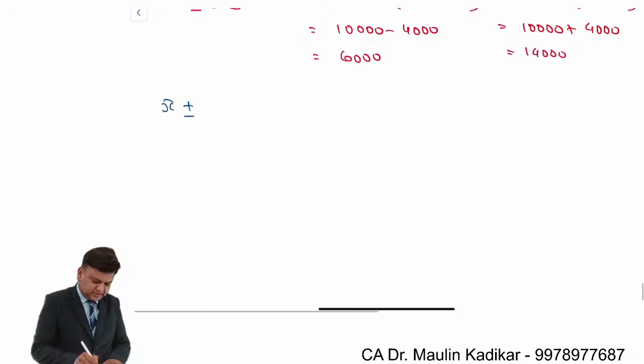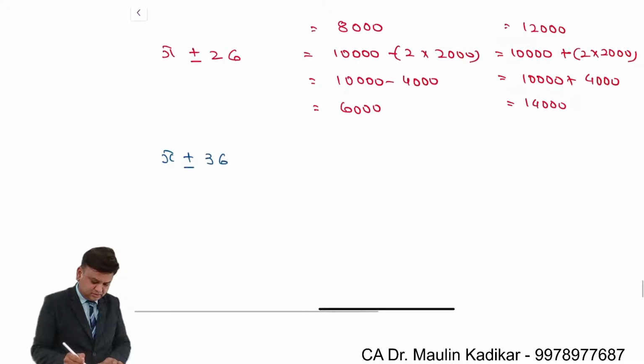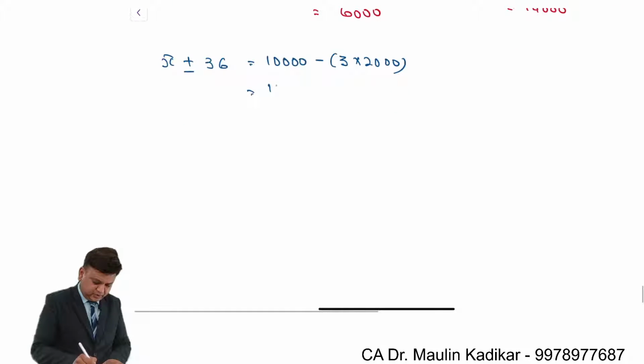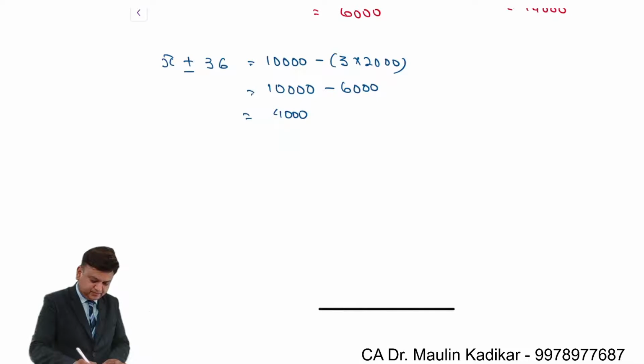X bar plus or minus 3 standard deviation. So it is 10,000 minus 3 into 2,000. So it is 10,000 minus 6,000. That comes to 4,000. 10,000 plus 3 into 2,000.